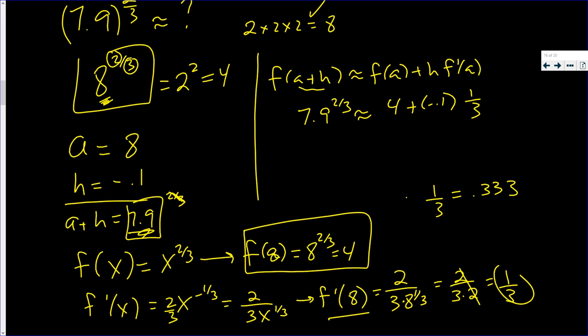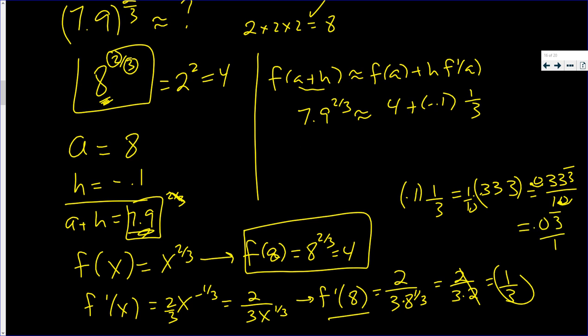0.1 is the same as 1/10. So 1/10 times 0.3 forever. Well, this is 0.33 forever over 10. Well, if I move this decimal 1 place to the left and this decimal 1 place to the left, I'll have 0.03 forever over 1.